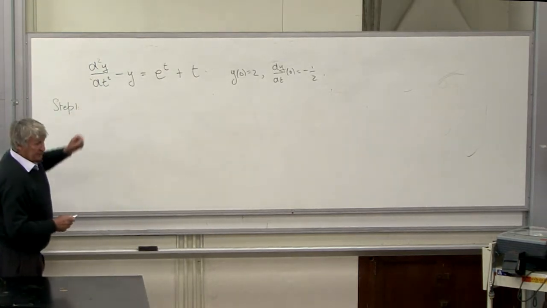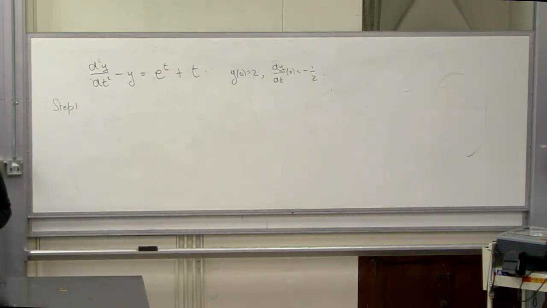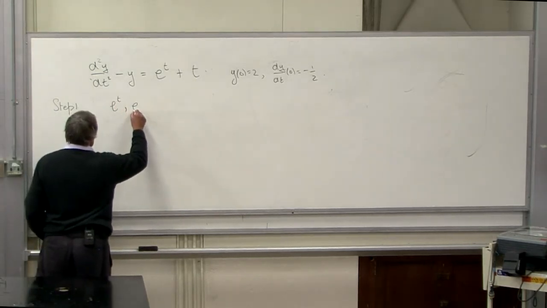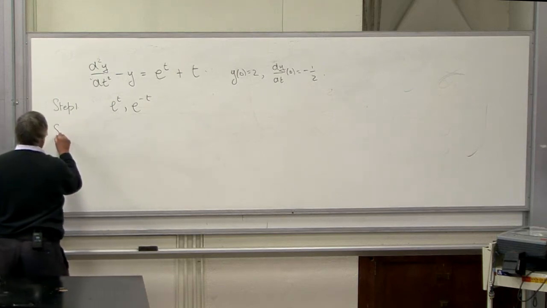Step 1. What are the solutions of the homogeneous equation? Yes, e to the t and e to the negative t. Now, step 2.